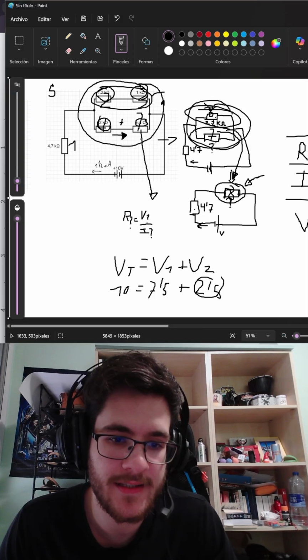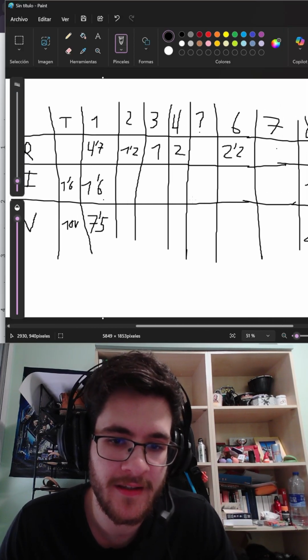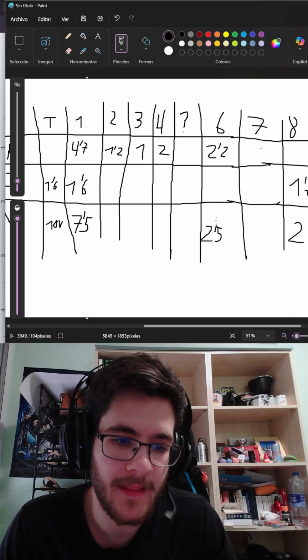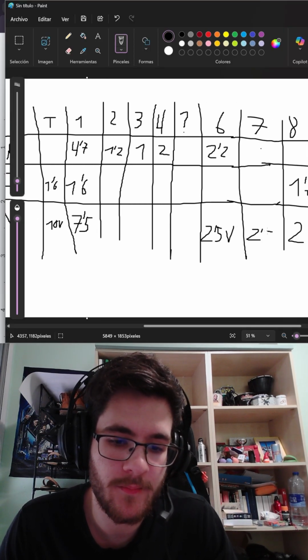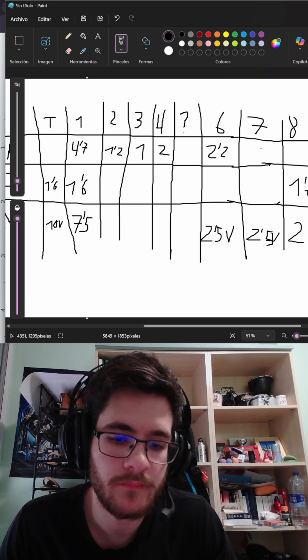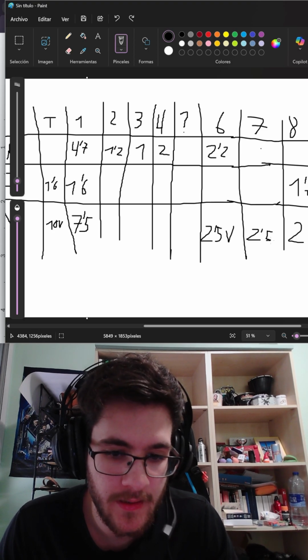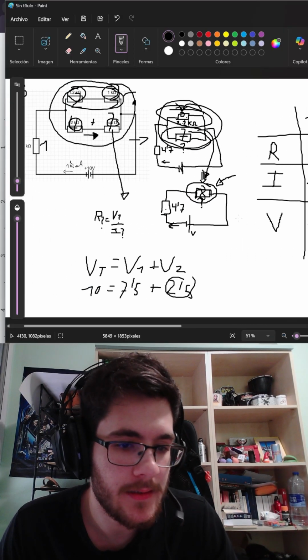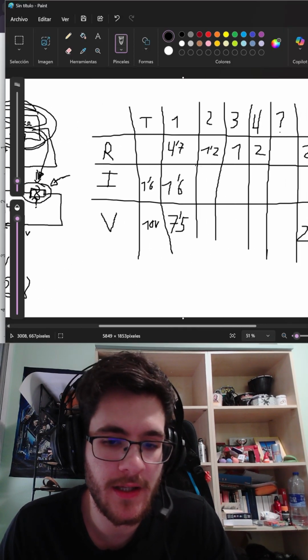So 6 and 7 will also have 2.5 volts. Okay. Then what can we calculate now?